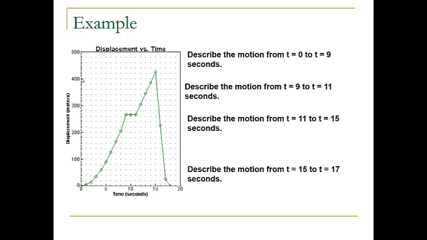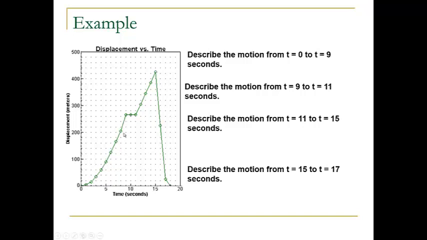If you look at it from 0 to 9 seconds, during this first time frame, you'll notice that your line is a curve. If you look at your slope, is your slope getting steeper or flatter? If you look at a line tangent to your line, you'll notice that your slope is getting steeper.